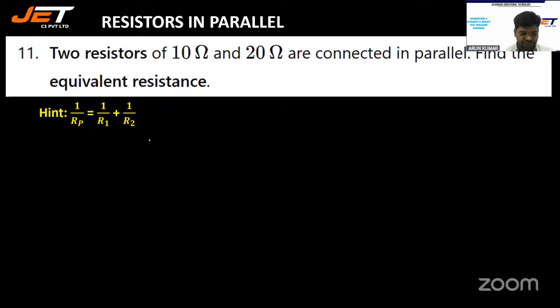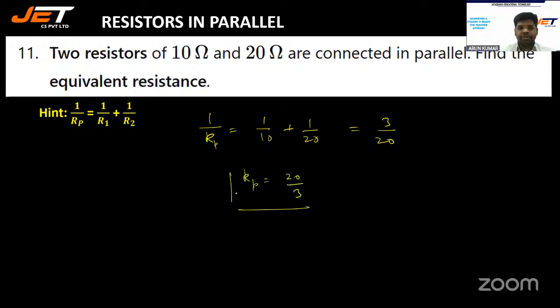See, I'll just solve this one. 1 by RP is equal to 1 by 10 plus 1 by 20, which is equal to 3 by 20. So RP is equal to 20 by 3. Now you got it?